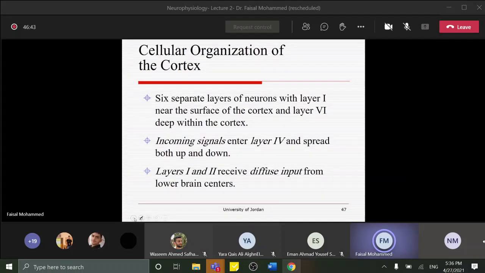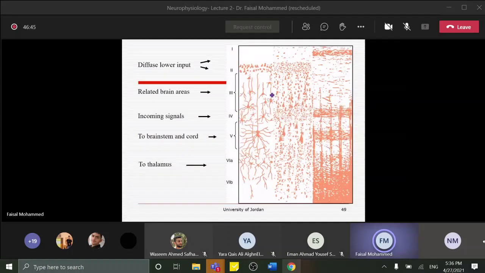Now the cerebral cortex has 6 histological areas, from outside inside. Area 1 and 2, diffuse lower limb, lower input. Area 4 is where all the afferents come.